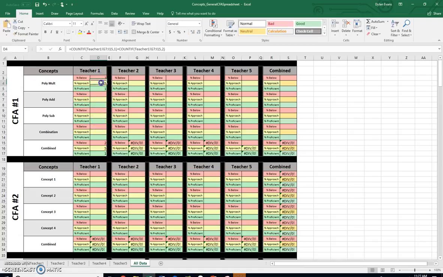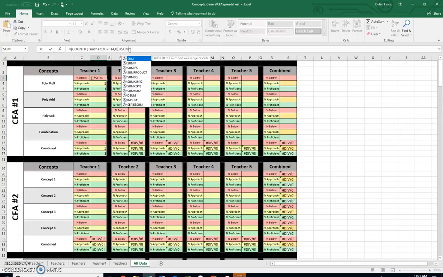Each of these 3 things is not a percentage. These are the number of students who got below, who got approaching, who got proficient. So I need to make this a fraction. I'm going to take this and put it in parentheses, and that's the numerator of my fraction. The denominator of my fraction is going to be the sum of countif for 0, 1, 2, 3. That is the number of students who got all of the different possible numbers of answers correct.